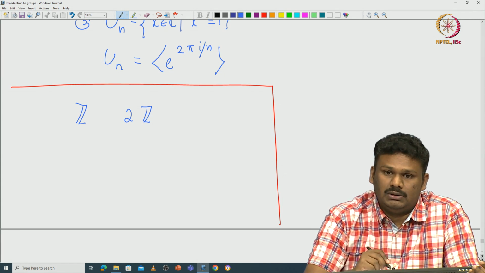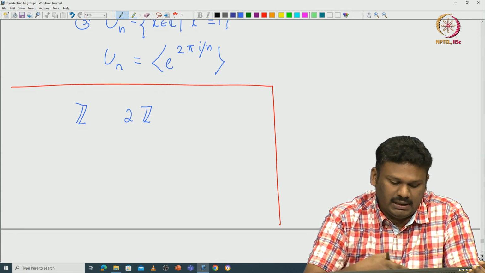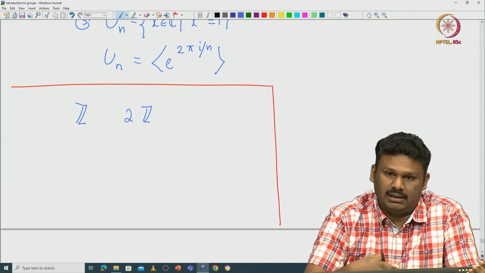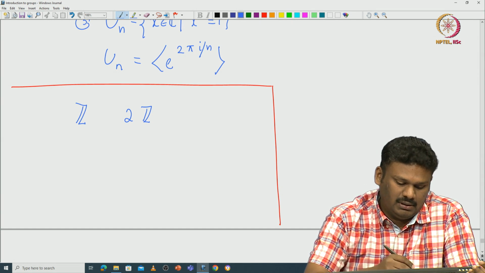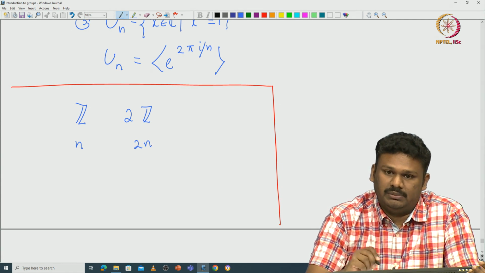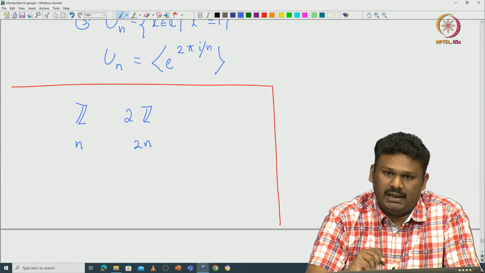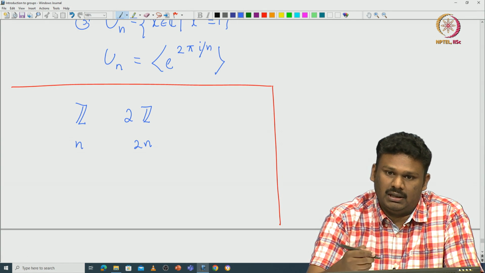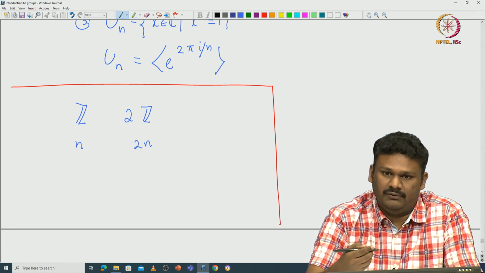Because as a set, even though they are different, you can see some similarities immediately. For example, I can think of an integer as n or 2n, it does not matter. So, whenever I add n and m, you are adding 2n and 2m. Okay. It is the same way you are adding.